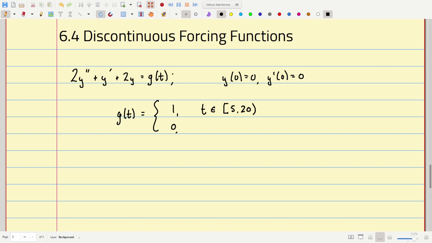It's going to be 1 between 5 and 20, inclusive on the left, and it is going to otherwise be equal to 0.